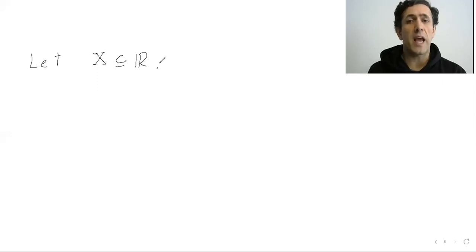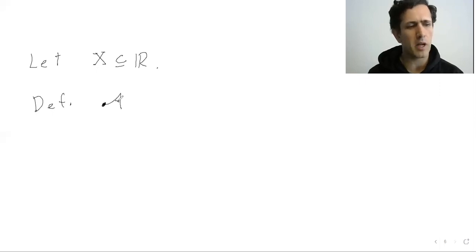Really, X could be any set, but for our purposes, X is a subset of the real line. So we have the following definition. And it might be a little unclear why this is a useful definition. I'll explain that as we go along.